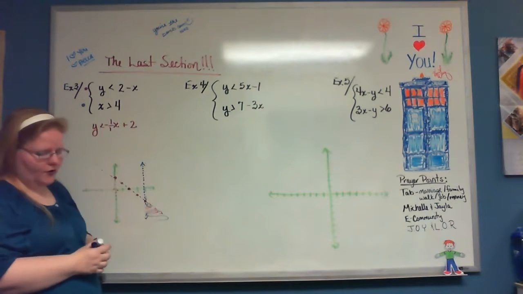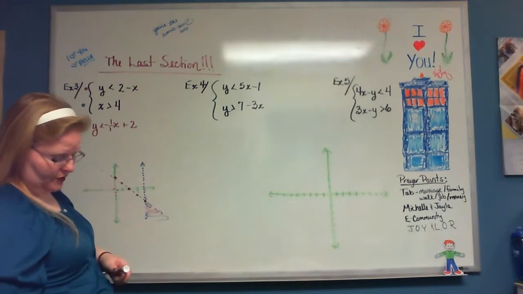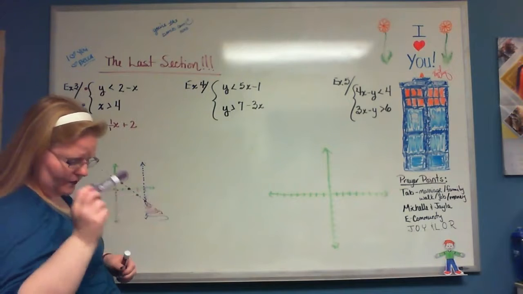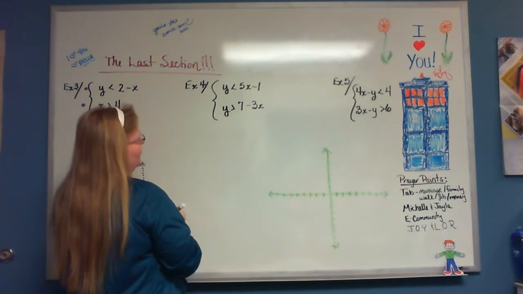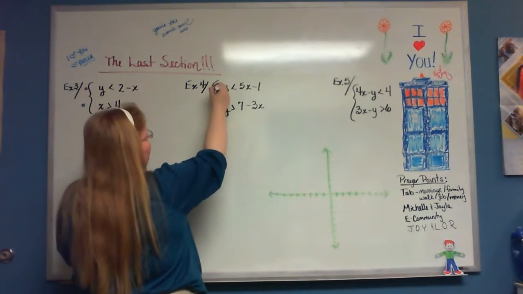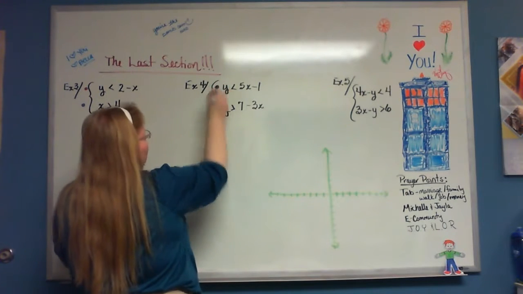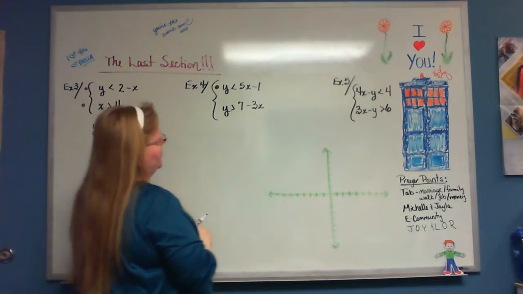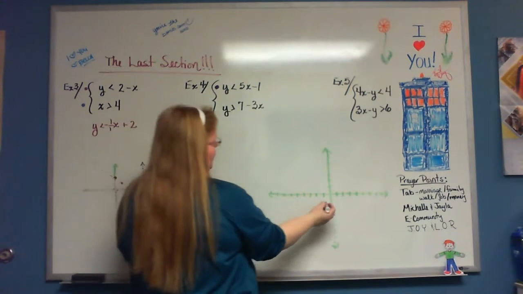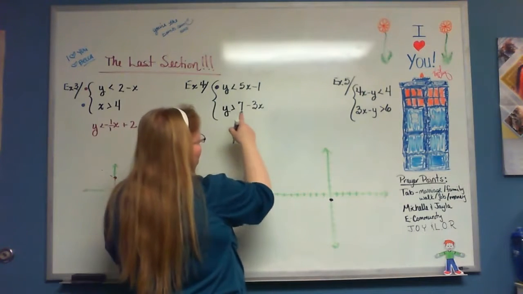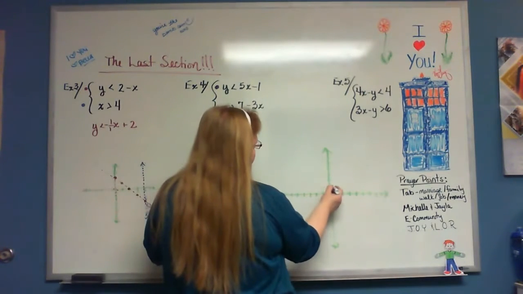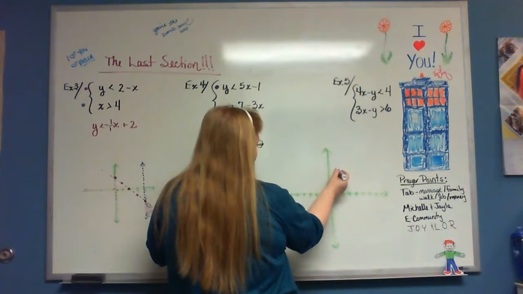Problem number 4 is slightly more difficult, because in problem number 4, well, you don't have to change the top one, so I could go ahead and graph it. y is less than 5x minus 1, so that goes through here. And then up 5 and over 1. 1, 2, 3, 4, 5, and over 1.